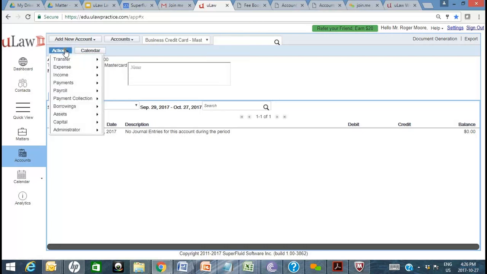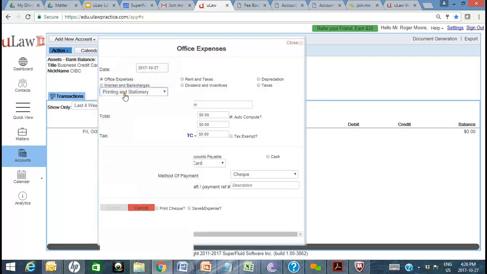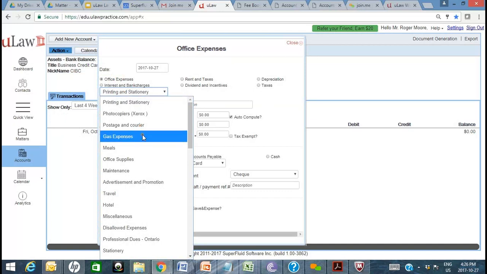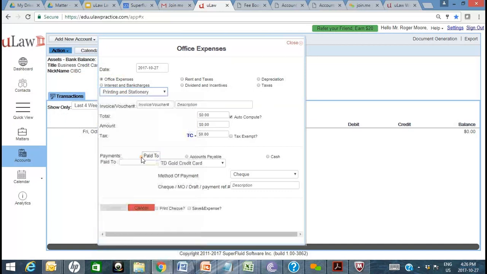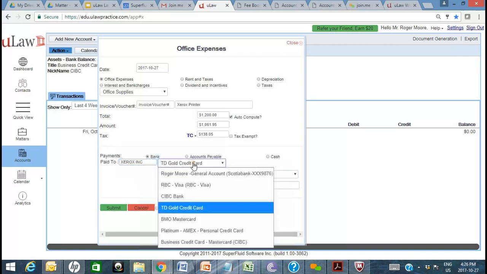The action, you're going to report an office expense, and let's say it was not printing, it was, let's say, office supplies, it was a printer, $1,200, okay, and you paid it to Rocks Inc. And most importantly, we ask you, how did you pay for it, right?